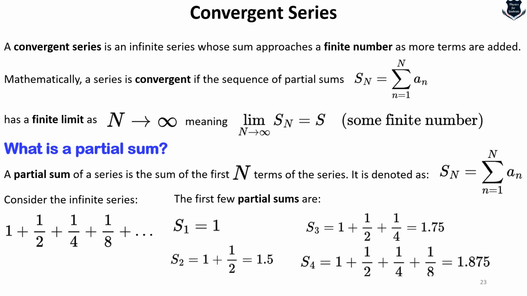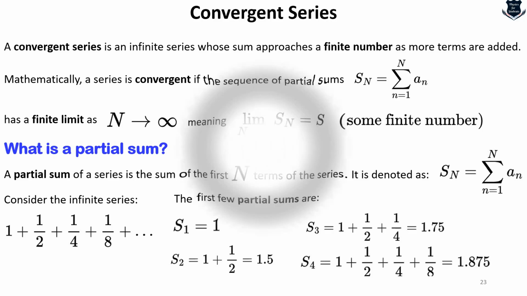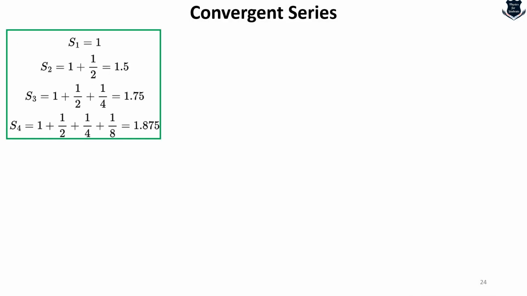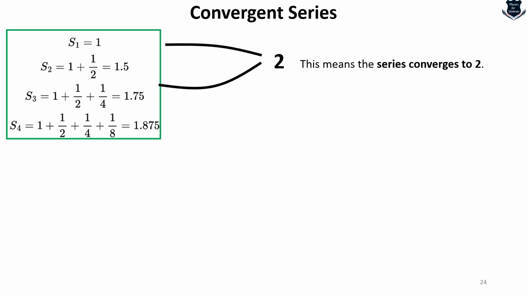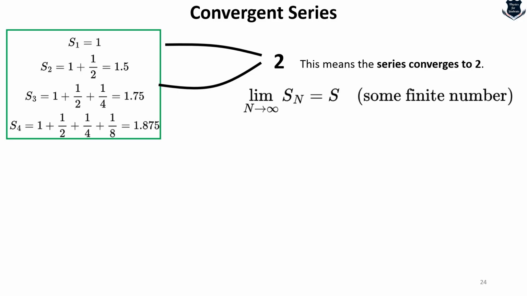Now you have noted that it is going towards 1.75, 1.875. That means this entire series is slowly converging to 2. But there are certain implications which I will explain. So this series is converging and approaching 2, and we say that the limit of Sn as n approaches infinity equals S.